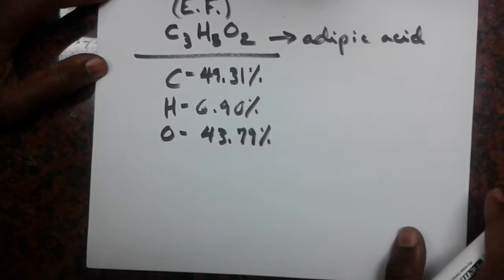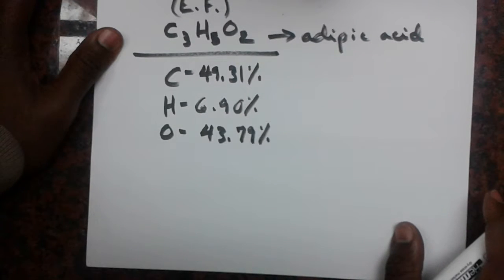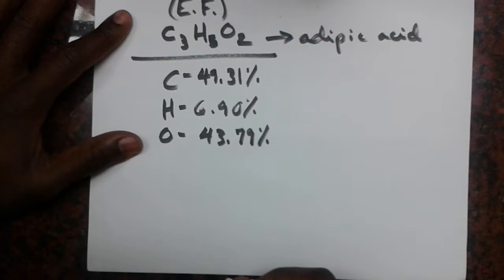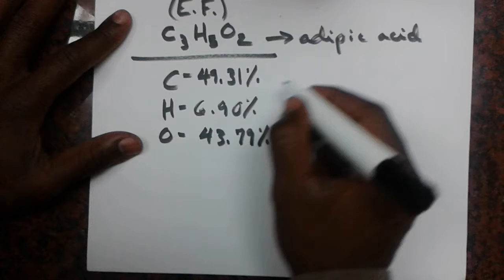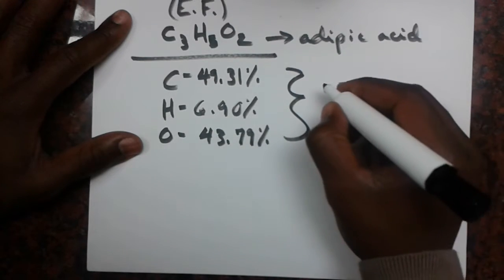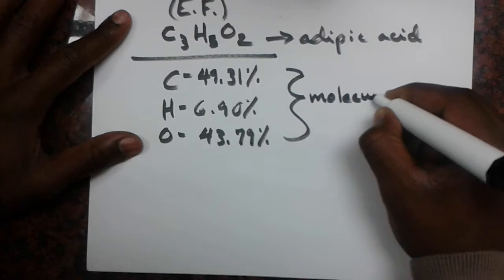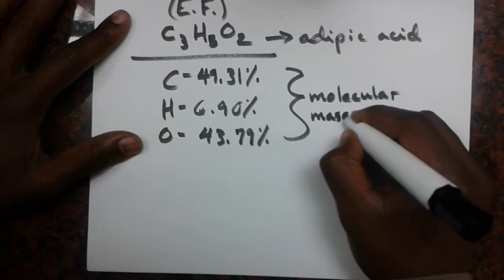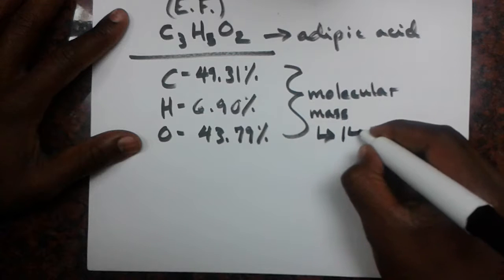And this would be a type of an organic acid, and the molar mass, so we have percent elemental composition, and we know that this corresponds to a molecular mass. And in this scenario, this is the information that's given to you.